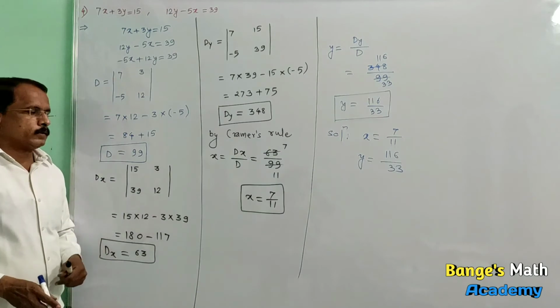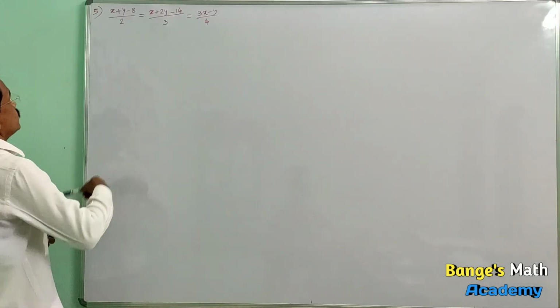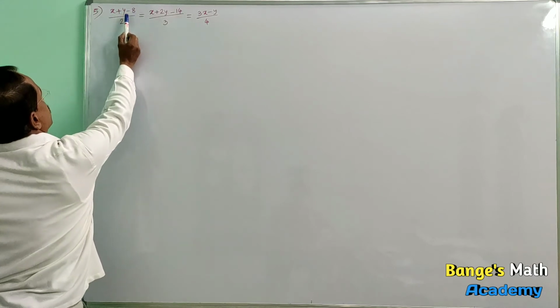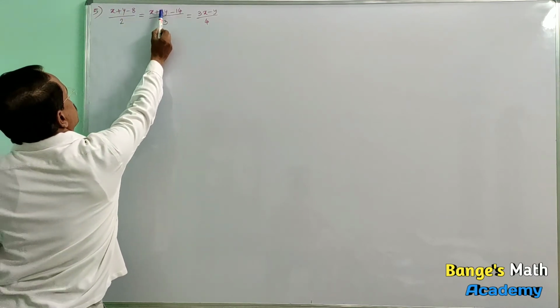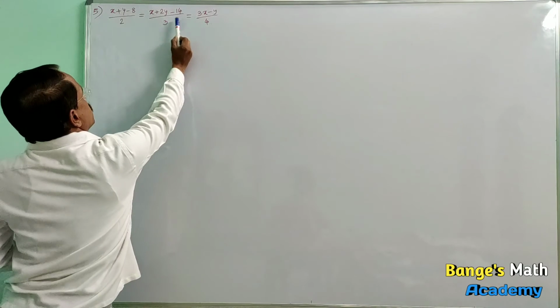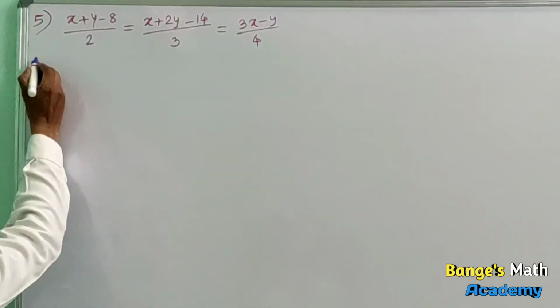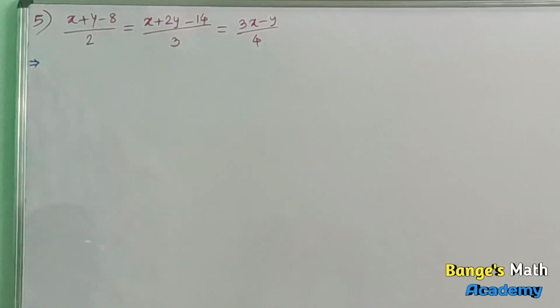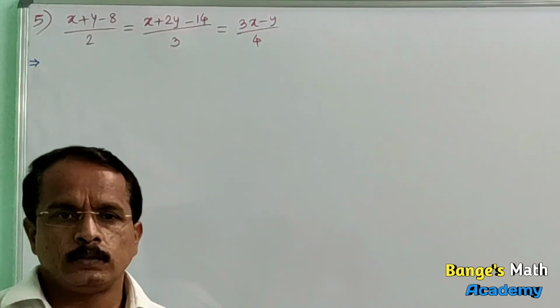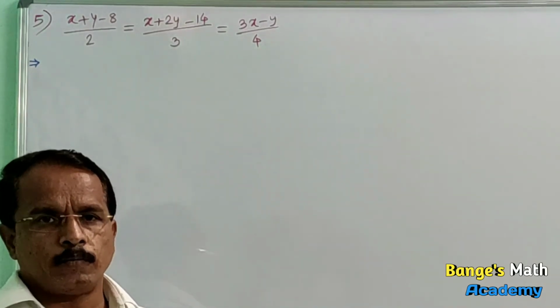Write down given example or take a screenshot. See, fifth example: x plus y minus 8 upon 2 is equal to x plus 2y minus 14 upon 3 is equal to 3x minus y upon 4. We have to find out solution of these equations by Cramer's rule.